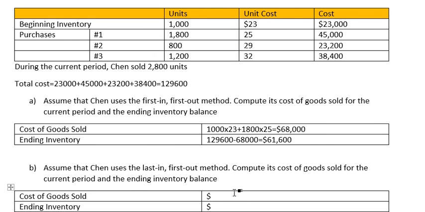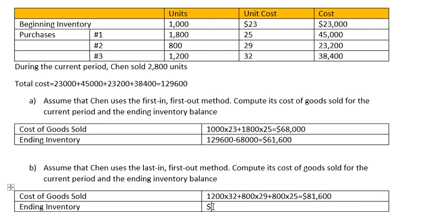So the cost of goods sold should be 1,200 multiplied by 32, 800 multiplied by 29, and 800 multiplied by 25. We have 81,600.